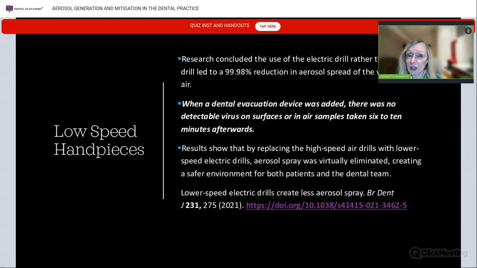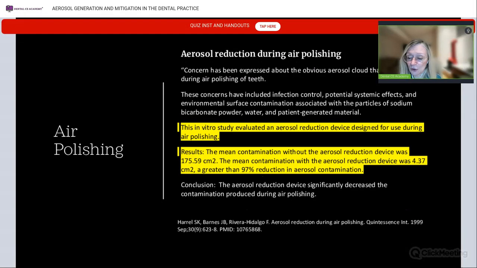So results here in this study showed that by replacing air-driven high-speed handpieces with electric low-speed drills, aerosol spray was virtually eliminated, creating a safer environment for patients and the dental team. So that should answer your questions and the quiz.